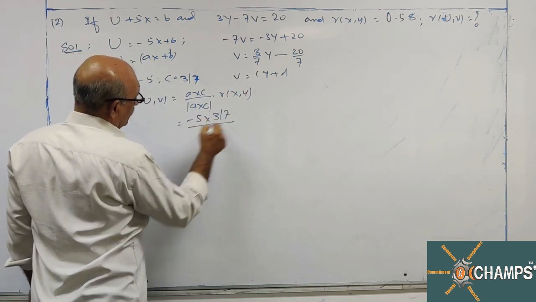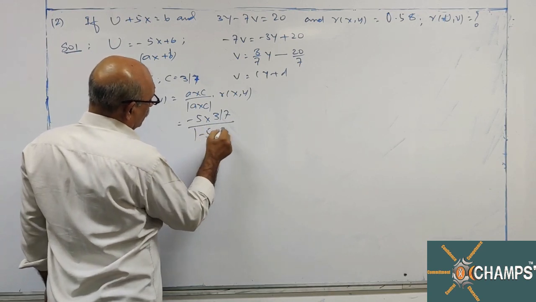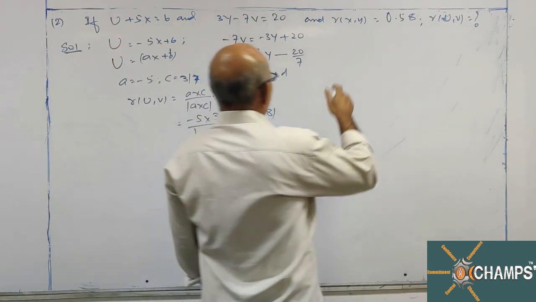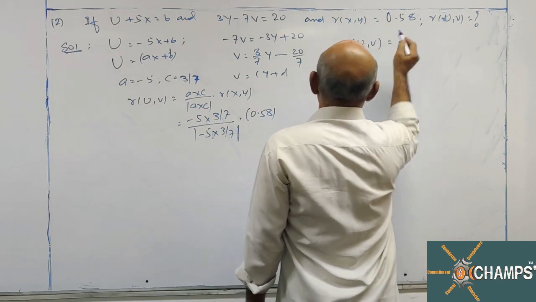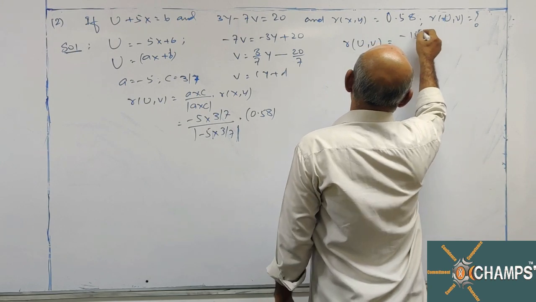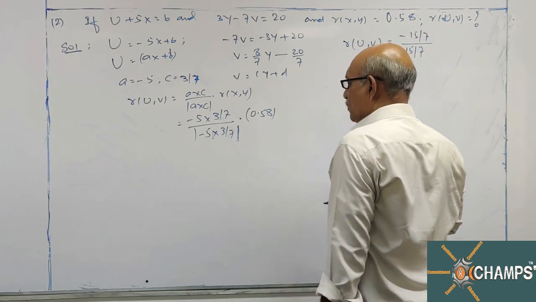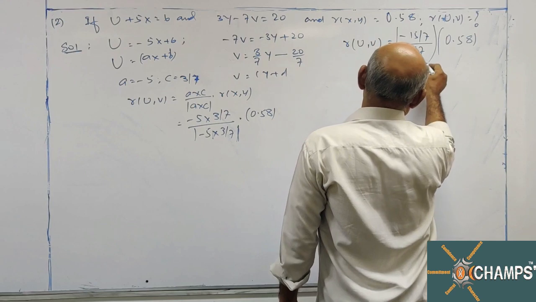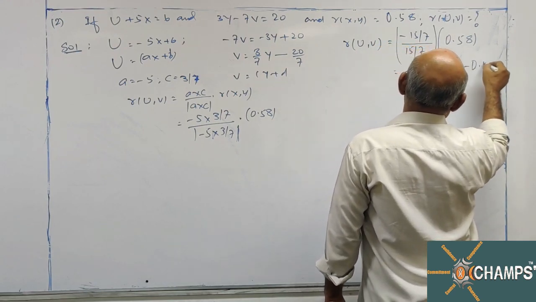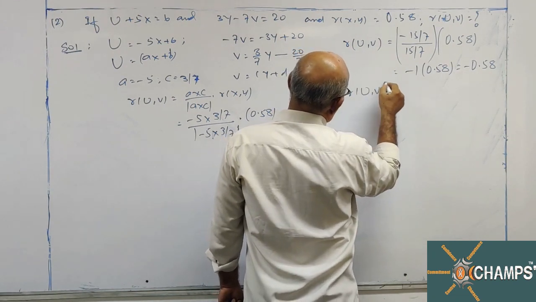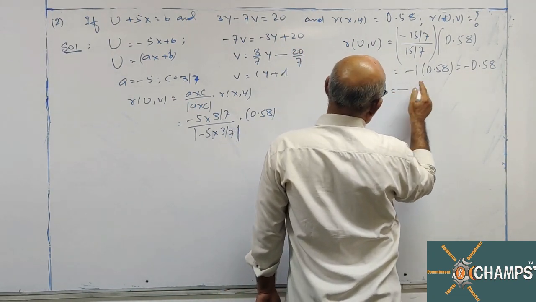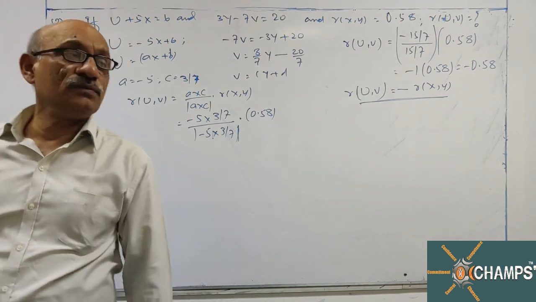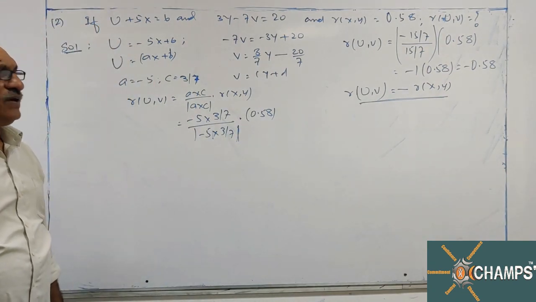Minus 5 into 3 by 7 by modulus of minus 5 into 3 by 7, multiplied with 0.58. So for r of u comma v, numerator is a negative value, minus 15 by 7, denominator is a positive value, 15 by 7, multiplied with 0.58, minus 1 into 0.58, minus 0.58. r of u comma v is equal to minus r of x comma y.